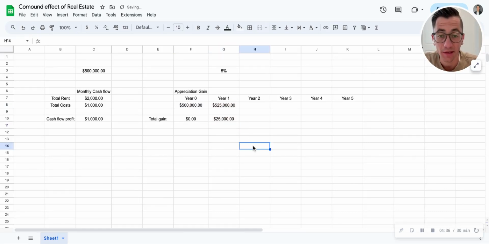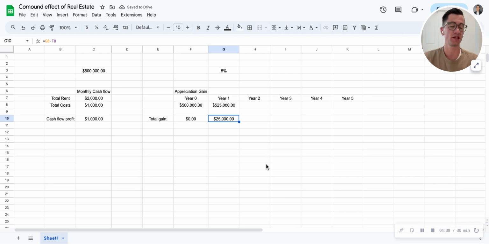You don't get to have that, necessarily, unless you did some sort of cash out refinance, which we'll go over in future episodes. But if you were to sell your house after holding it for 1 year, you would get appreciation of $25,000. It could go up way more.